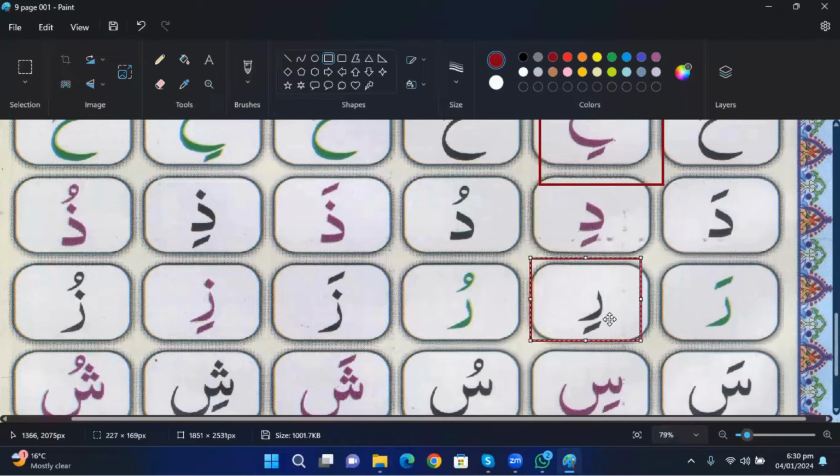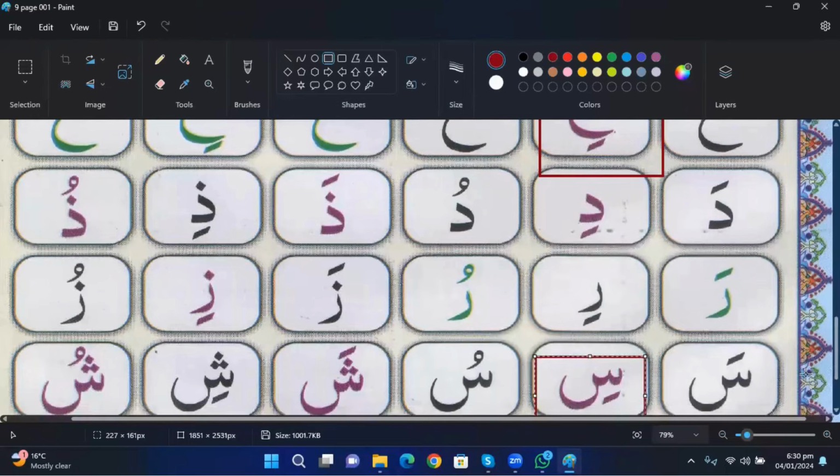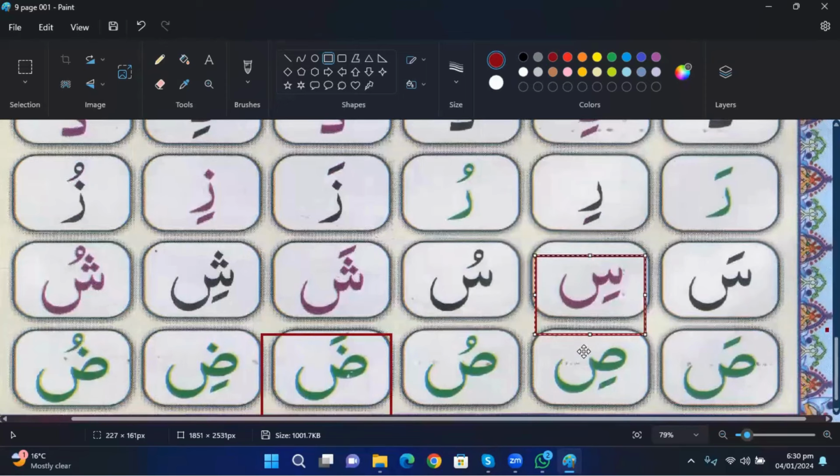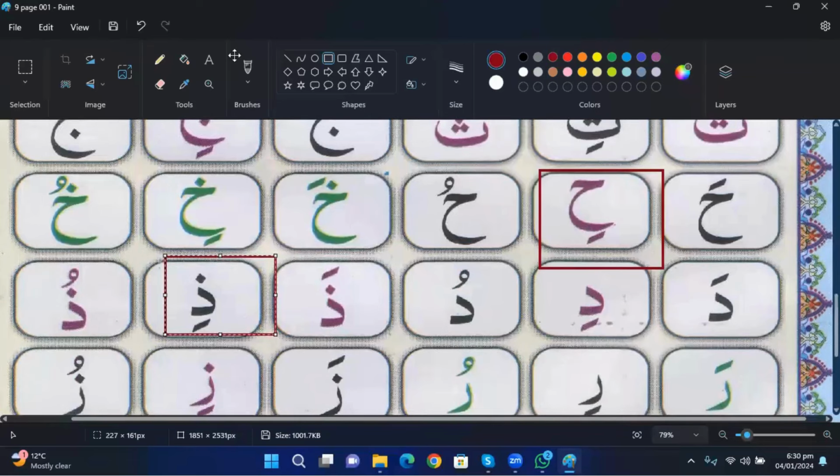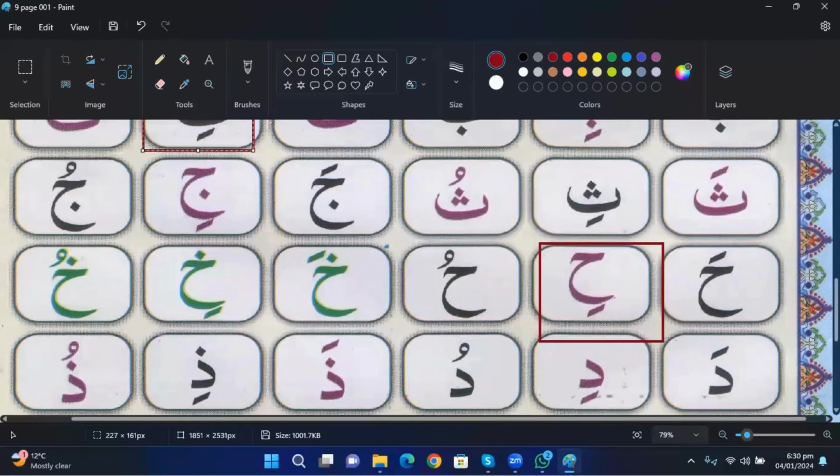Ra kasra ri. Remember that ra kasra will always be read with a light tone. Sin kasra si and swad kasra si. Same as on the same page, we are going to learn again about those letters that have kasra over there.